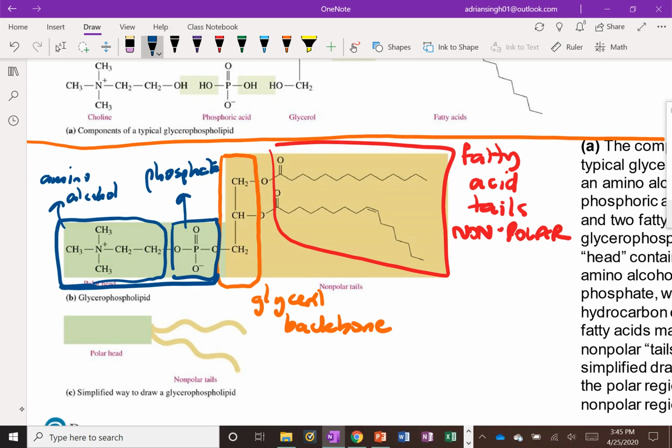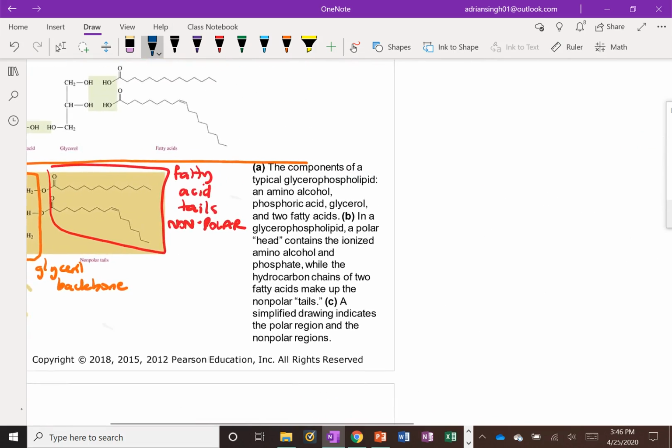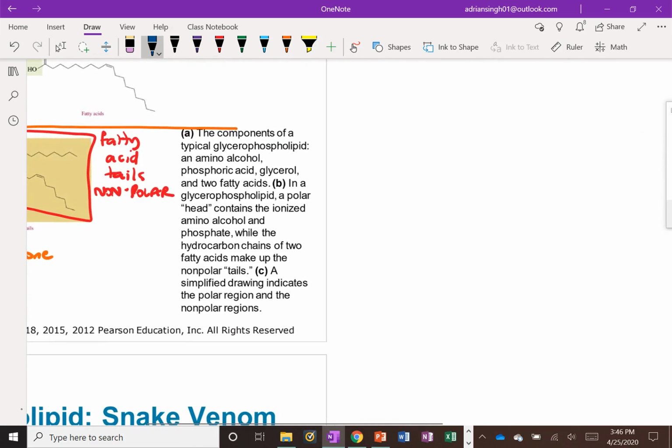And this region then in blue is going to be highly polar. Right, so what you have is a molecule that has sort of a polar head, and there are 2 non-polar tails attached to it. And the most common notation you'll see in your textbook and online is you'll see it being represented like this.